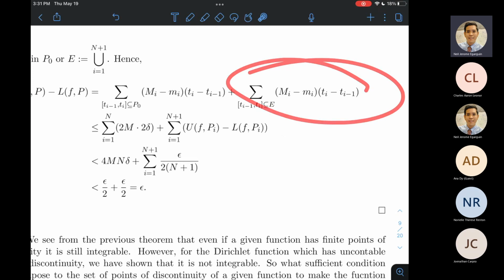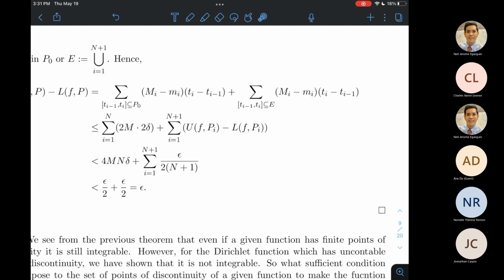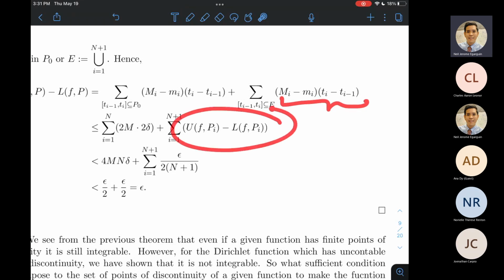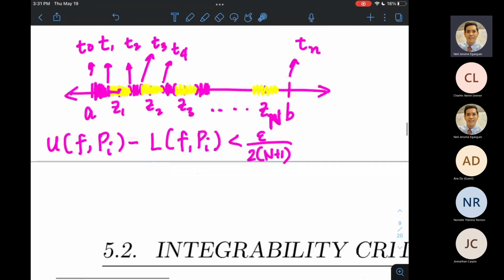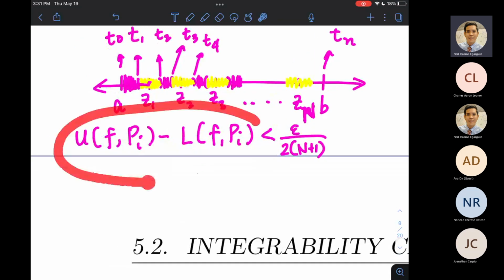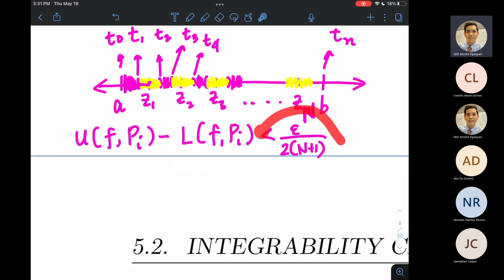Dun sa mga pink na intervals. Okay, by definition, this is basically just upper minus lower Riemann sum ng mga pink na intervals. But we already know that each of the, dun sa bawat isang pink interval, yung upper minus lower sum ay hindi lumalampas ng epsilon over 2 times n plus 1.